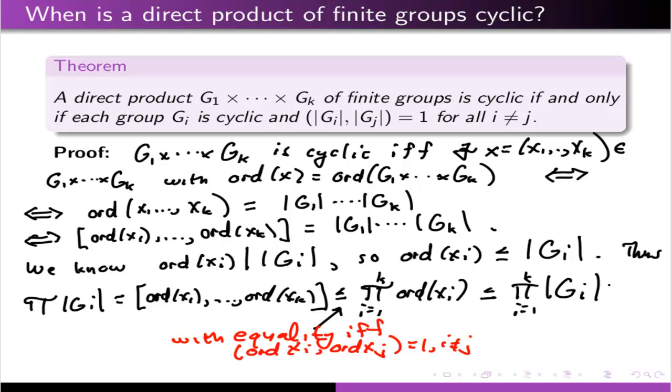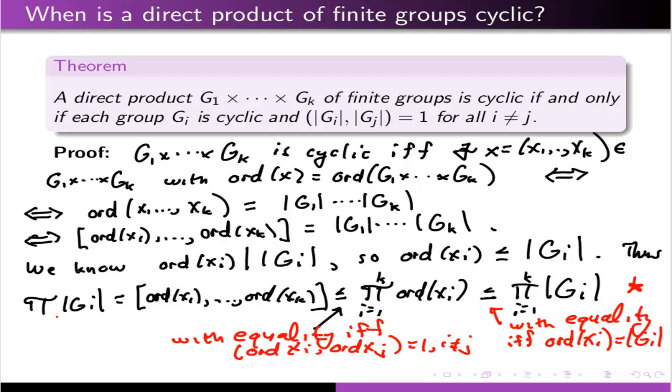And when do we have equality here? With equality, if and only if the order of xi equals the cardinality of Gi. So look at what we've established.